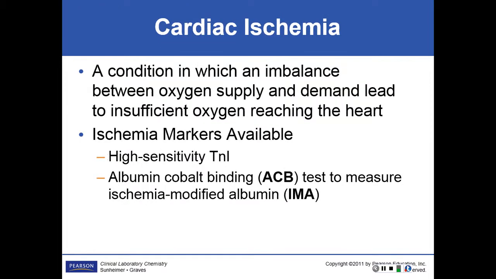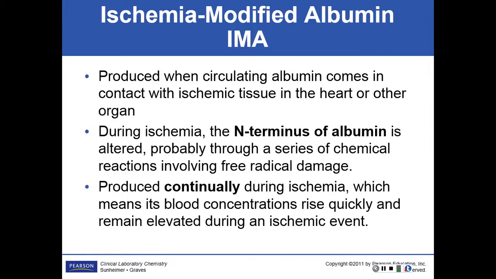Cardiac ischemia is where there is an imbalance in the oxygen supply, and so the heart is having trouble performing its job. Ischemia markers that we currently test are some of our troponins, an albumin cobalt binding test, and an ischemia modified albumin.